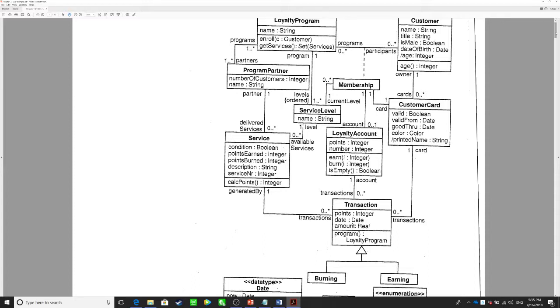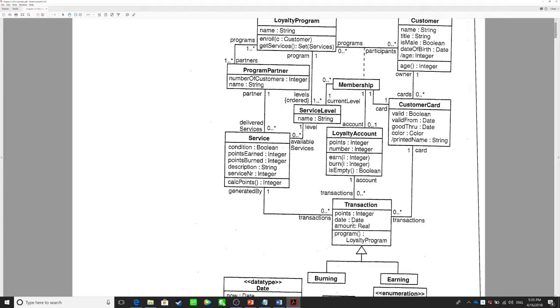Okay, so suppose this is a company, Royal and Loyal. They have a system that can handle all these different loyalty programs. If you are familiar with loyalty programs, if you have airline miles, sometimes the Delta miles can be used by some other airlines which belong to the same league.